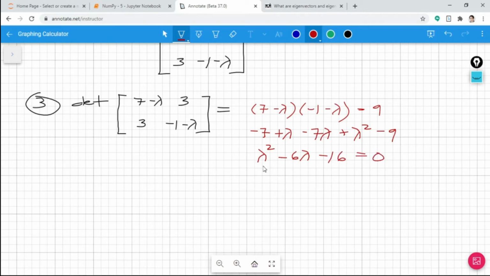So what will be the eigenvalue? We're solving here for the eigenvalues. If you factor this one out, let me use a different colored pen. This will be lambda minus 8, lambda plus 2, equivalent to 0. So now we got the eigenvalues.